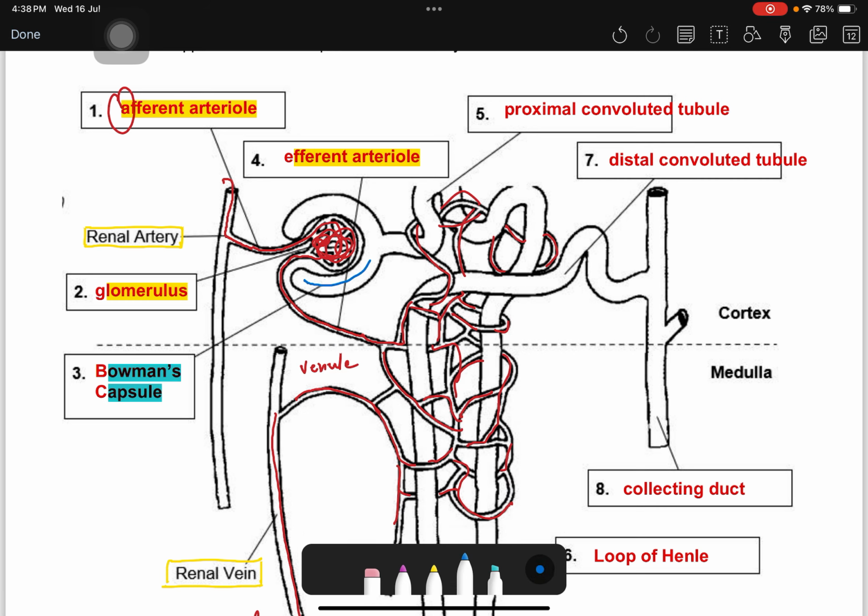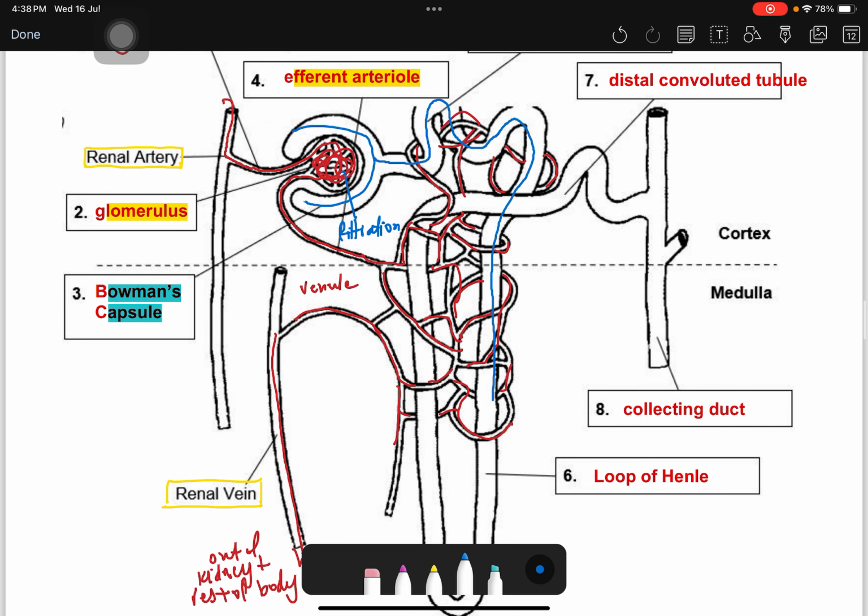All right, so after filtration happens, the filtrate will continue to move through the proximal convoluted tubule, and then enter the loop of Henle in blue. It goes through the loop of Henle.